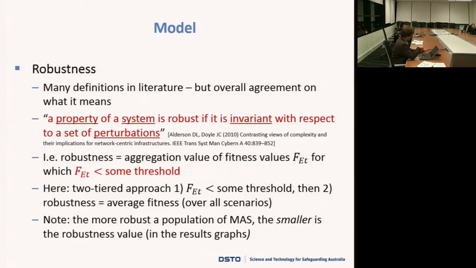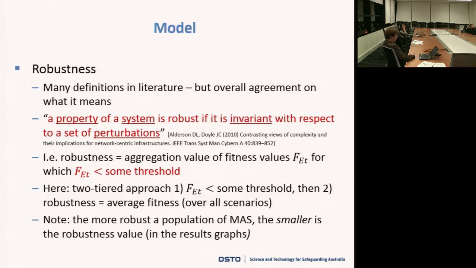Now, doing this with this formula in red, namely asking for the fitness to be below some threshold, so that there's a threshold for unfitness, often causes problems in simulation. If you set the threshold too high, any fleet can get the job done, while if you set it too low, you have failure all the time. So setting this threshold in simulation is a little bit of an art.